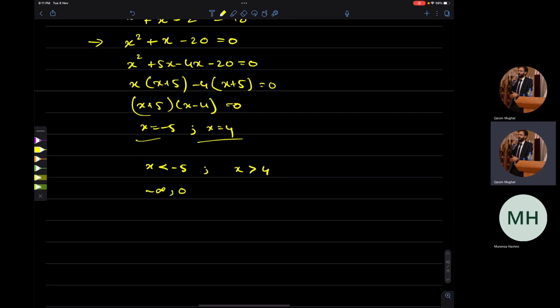It's like bracket x such that x is smaller than -5, and then bracket, and then it's union x is more than 4. So basically, x is less than -5, and they have used the term union for all the values of these, combine them together with x more than 4. For the most part, it's like that.